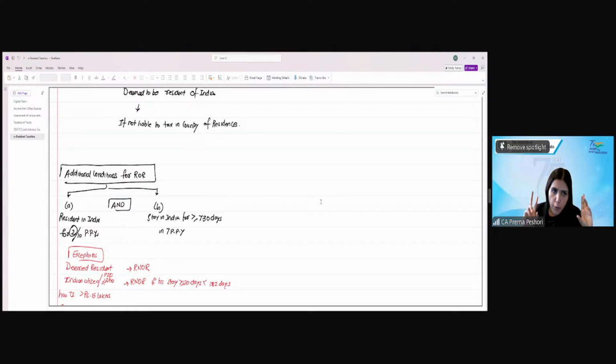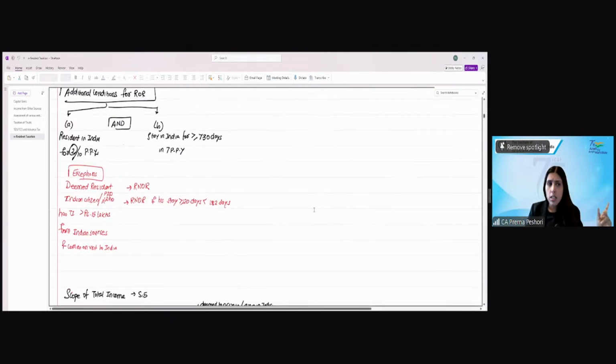So for the ROR, the global income is taxable. For RNOR, only the income which is accruing or arising in India, income received or deemed to be received in India, and income accruing or arising outside India from the business controlled or profession set up in India is taxable. So what are the conditions for the ROR?